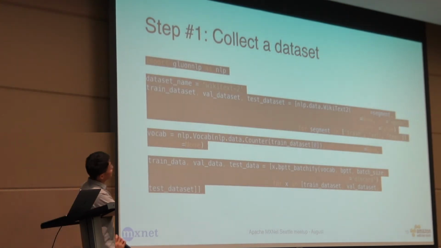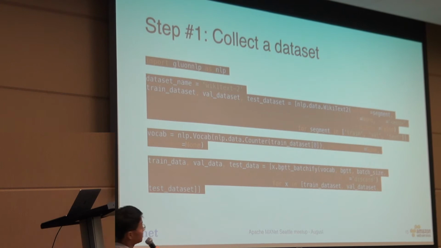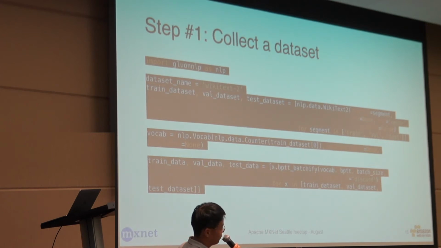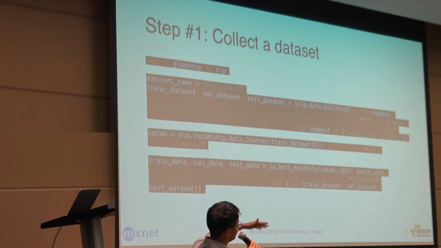So the first step is to collect the dataset. The good news is that GluonNLP has already pre-stored lots of standard benchmark NLP datasets, the datasets used in NLP tasks. So we have lots of preloaded datasets already available.